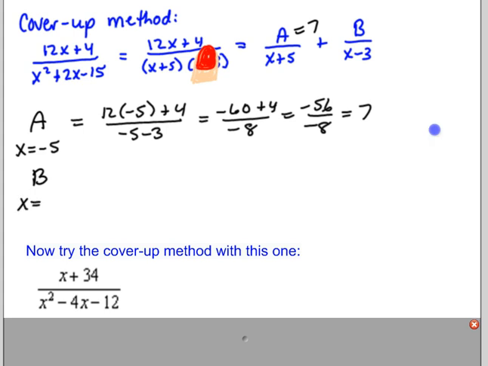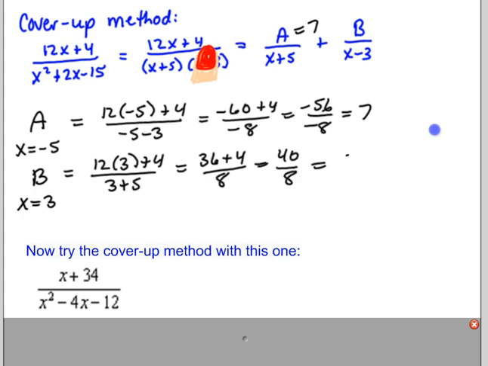I'm going to let x equal 3, and now I'm going to put 3 into the rest of the expression. So now I have 3 plus 5 in the denominator, so this is 36 plus 4 over 8, which is 40 over 8, which is 5. So notice that is a very much simpler way to do this. I want you to be able to do both methods, however.